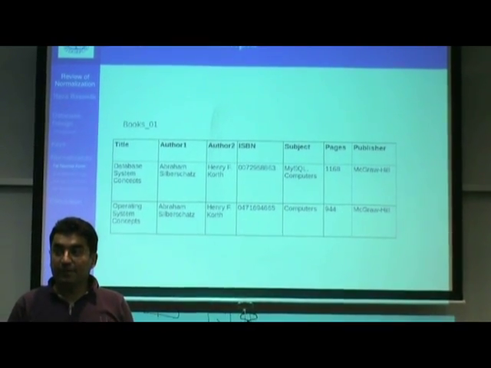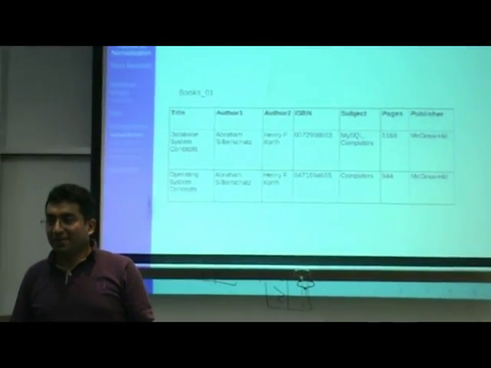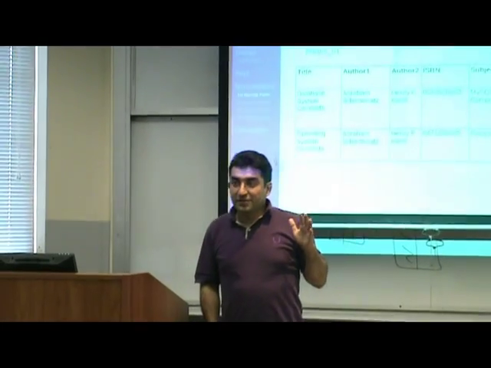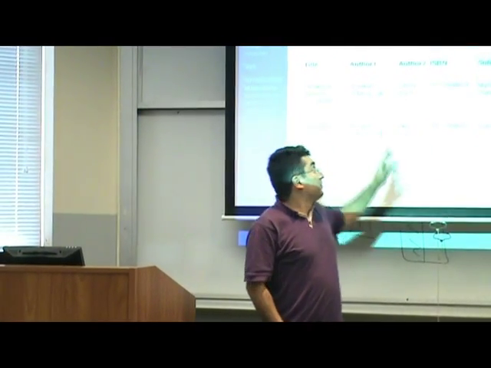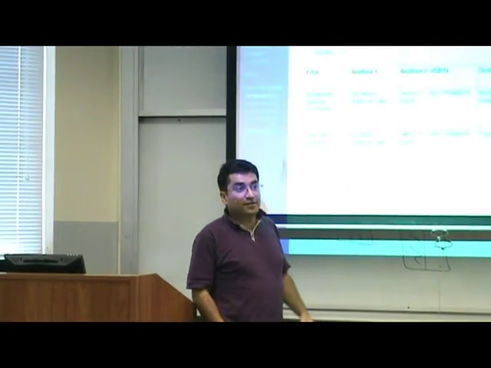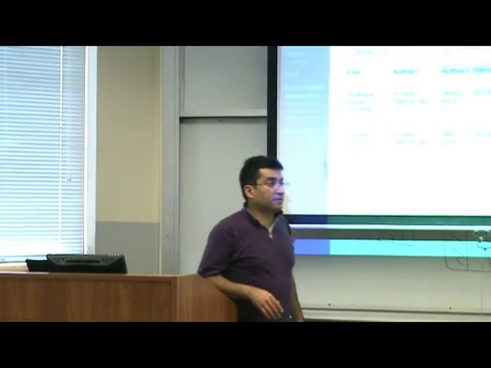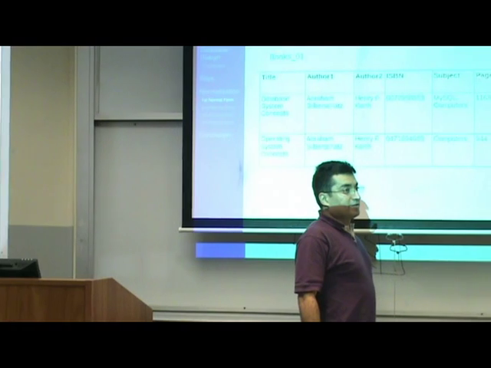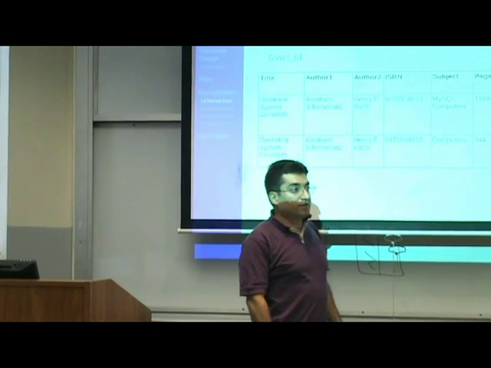Both of the authors are the same, but if you see the schema, the design of the table, there is the functional dependency of ISBN with title. ISBN is different because there are two different books. Yeah, two different books.